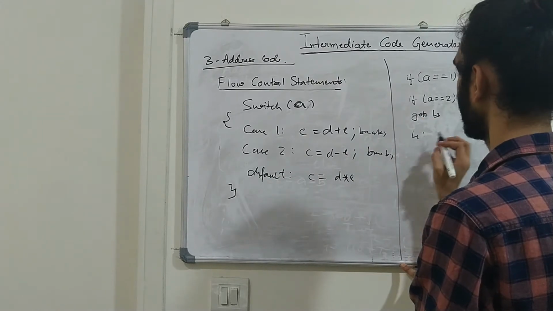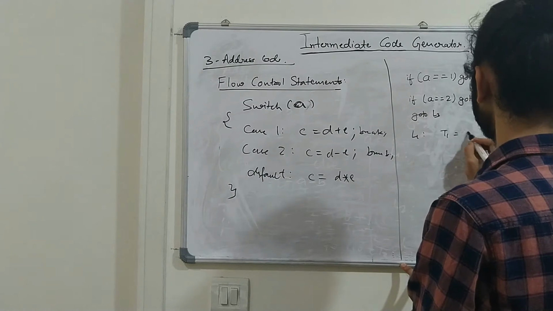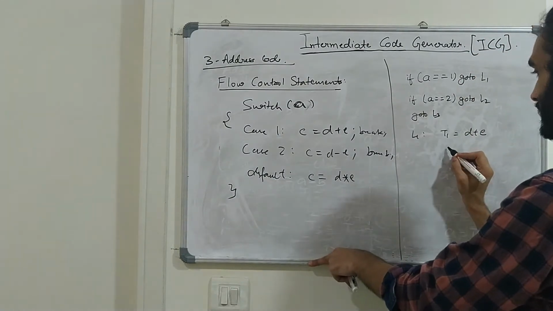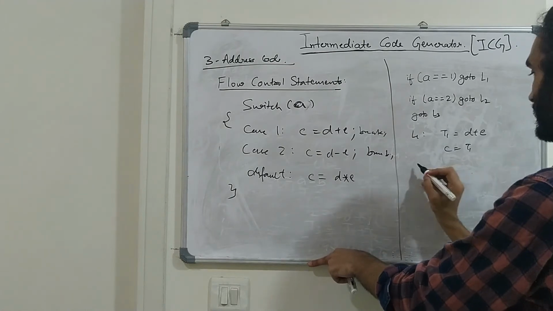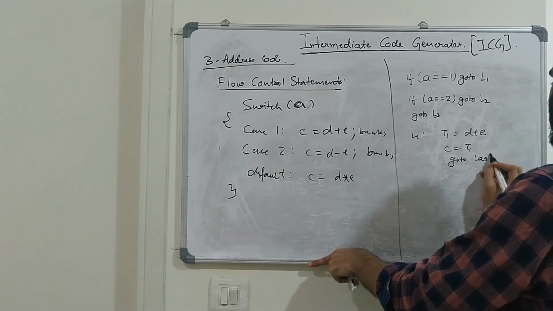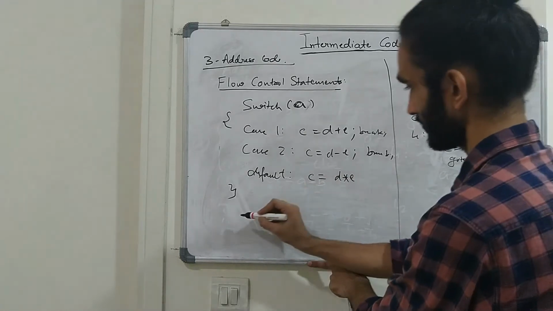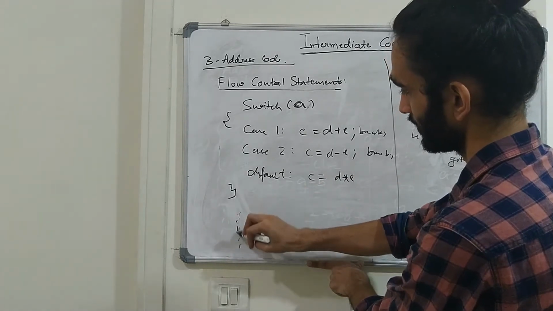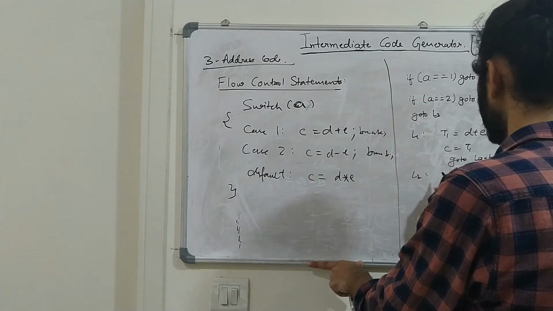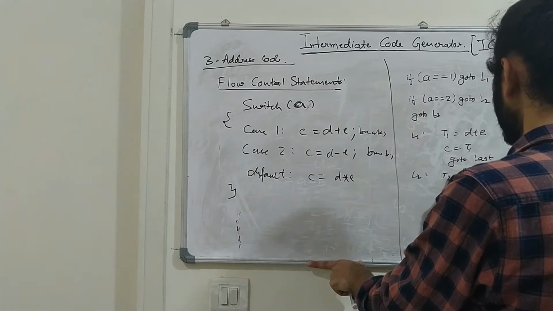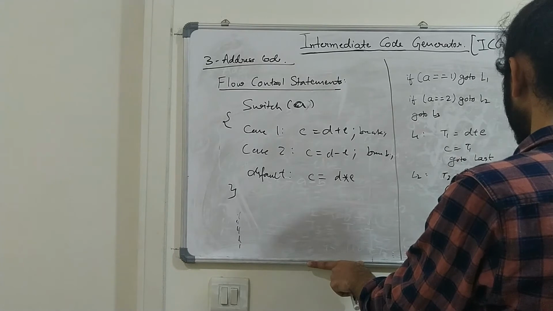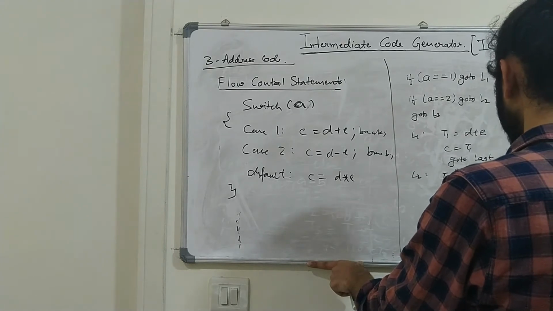So your L1 is going to contain T1 equals D plus E, and C equals T1. And again, what I'm going to write in here is go to last. L2 is going to be T2 equals D minus E, C equals T2, and again go to last.